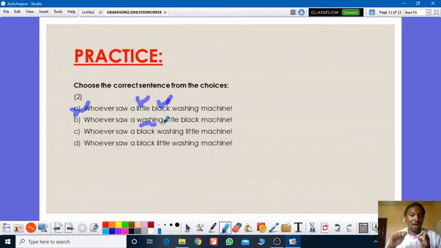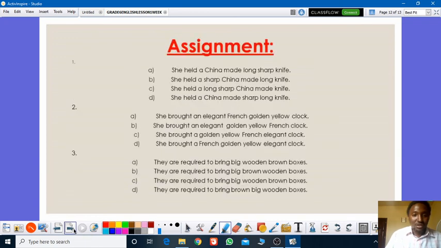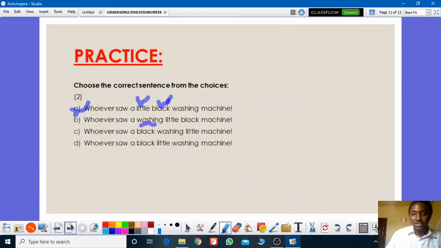It should be at the last, before the noun. Washing machine. Whoever saw a little black washing machine! There is an exclamation mark. So exclamation mark requires you to raise your voice.